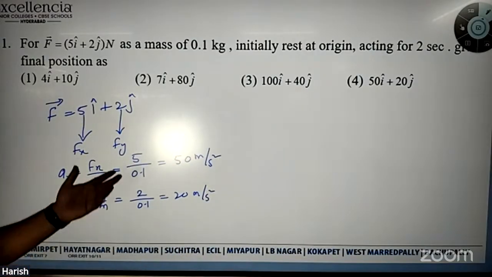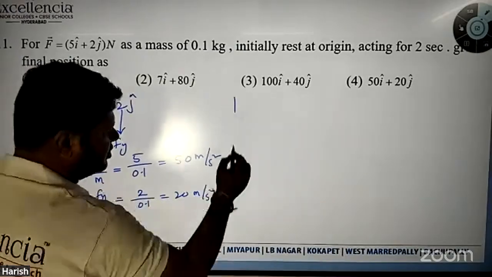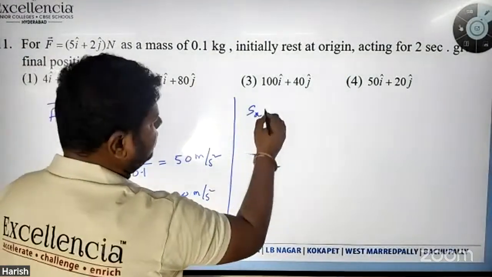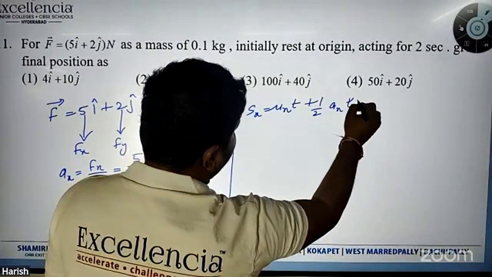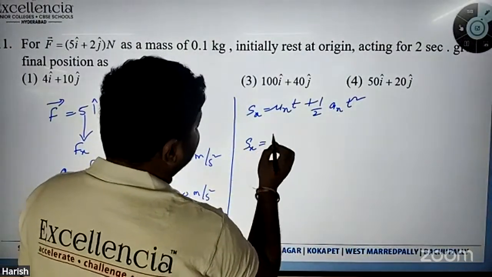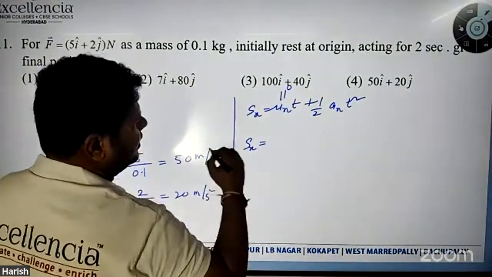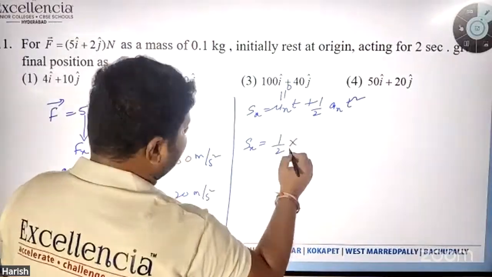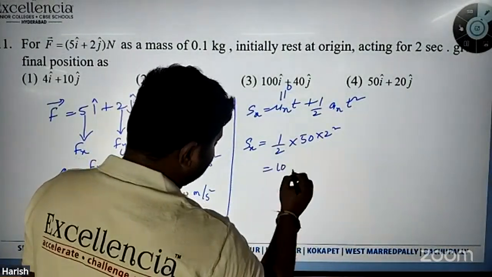I want displacement, so let us use the displacement equations separately for x and y. Along horizontal, Sx is equal to ux into t plus half ax into t square. Initially it was at rest, so ux will be 0. So half into 50 into 2 square, which will be 100.